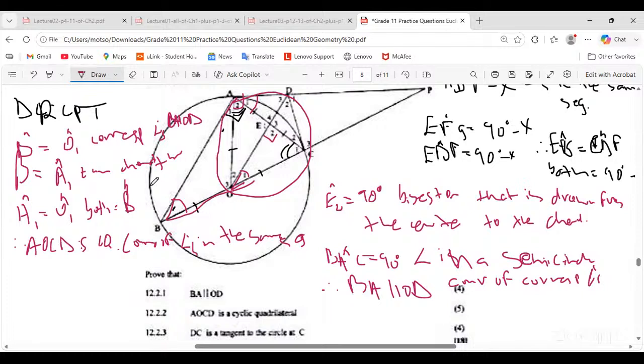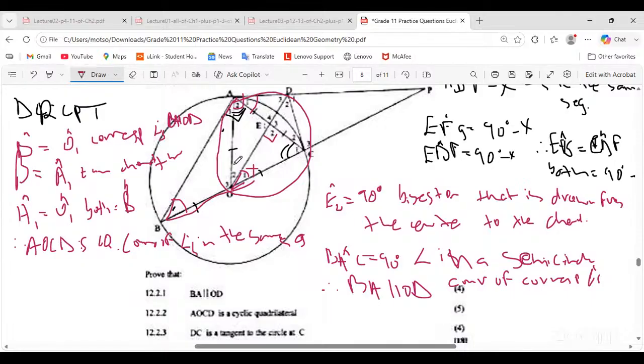If we let O1 be x, if we let this angle be x here, what will AOC be? Will it be 2x?